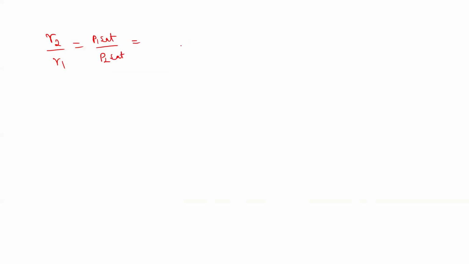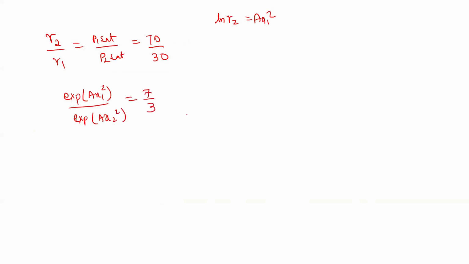So I have their ratio, 70 by 30. Here ln gamma 2 is equal to A x1 square, so I represent it as exponential of A x1 square by exponential of A x2 square equal to 7 by 3.